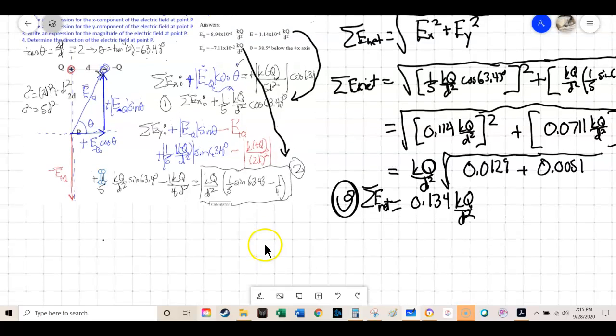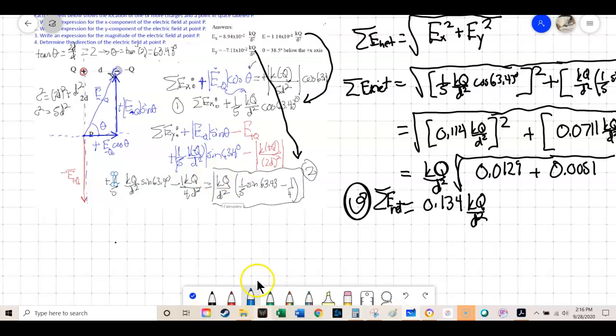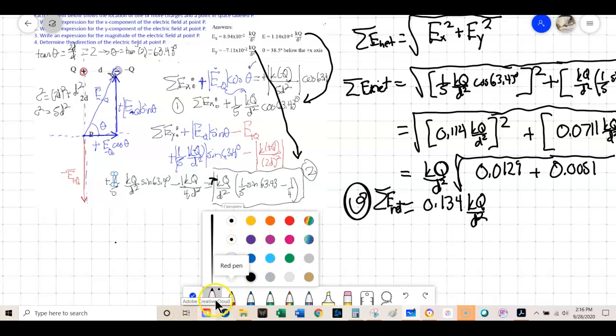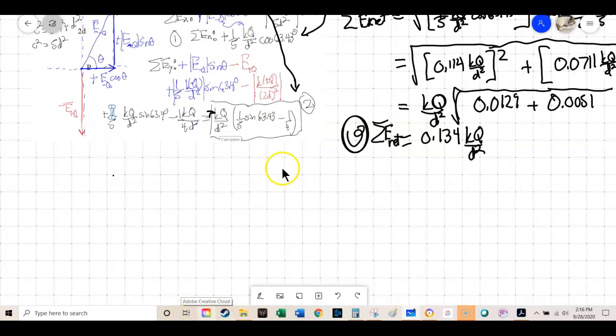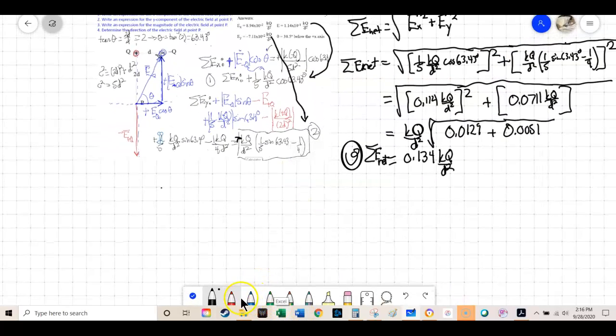which from here you could see is going to be pointed down and to the right. But let's go ahead and use our vectors to tell us, okay? So I have the red vector. I'm going to point down here.